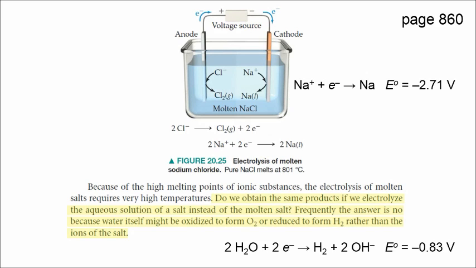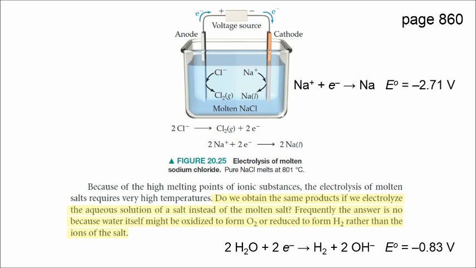Here on page 860, we have not an aqueous, but rather a molten sample of sodium chloride. And they talk about sodium being produced at the cathode. Now, it says, do we obtain the same products if we electrolyze the aqueous solution of a salt instead of the molten salt?